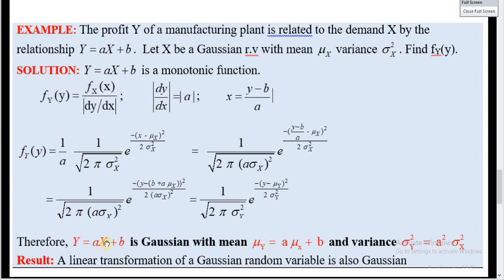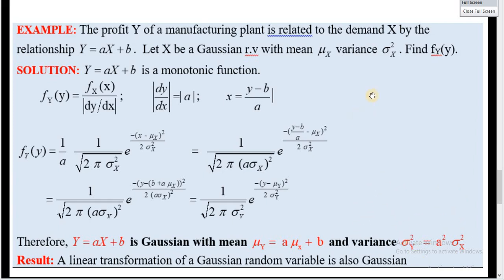So therefore y equals ax plus b is Gaussian with mean, as we can see, the mean of the random variable is b plus a mu x, and variance (a sigma x) all squared. And this result we will prove in the next chapter, that a linear transformation of a Gaussian random variable leads to another Gaussian random variable.